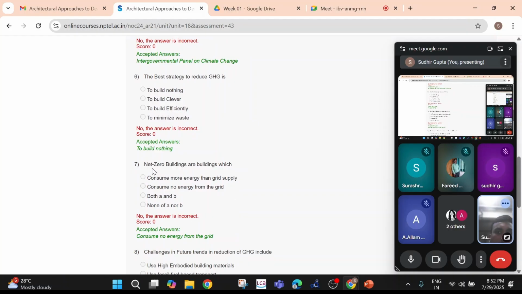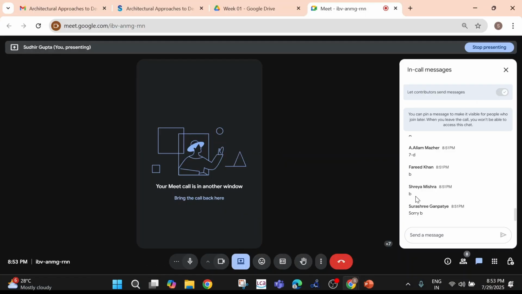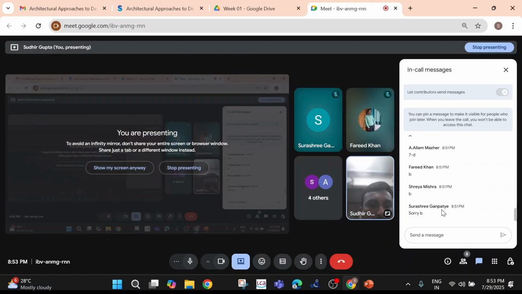As you can see, net zero buildings, and the accepted answer was consumes no energy from the grid. That was the main definition or the terminology net zero building means. So option B, whoever has opted option B, this is the most appropriate answer. So let's move to the next question.